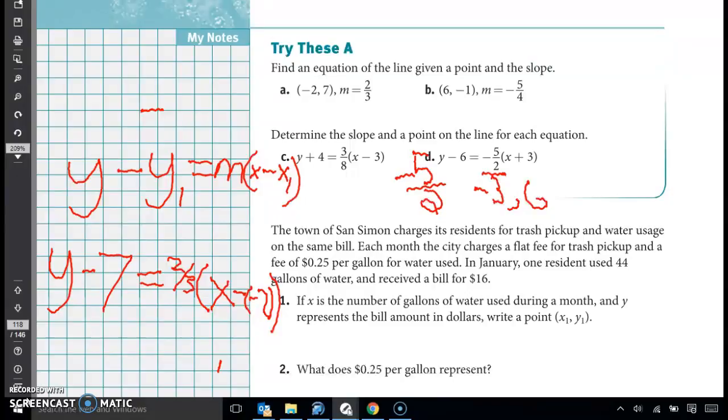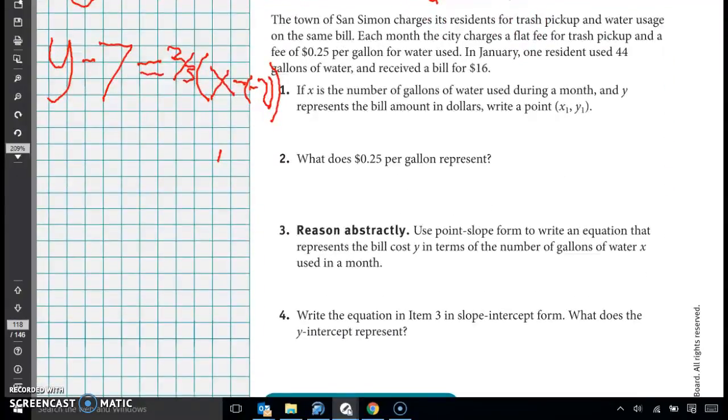All right, so questions? All right, I see a paragraph, so it looks like they're going to throw some real world situations at us. All righty, so the town of San Simon, probably San Simon, we're going to pronounce it San Espanol.